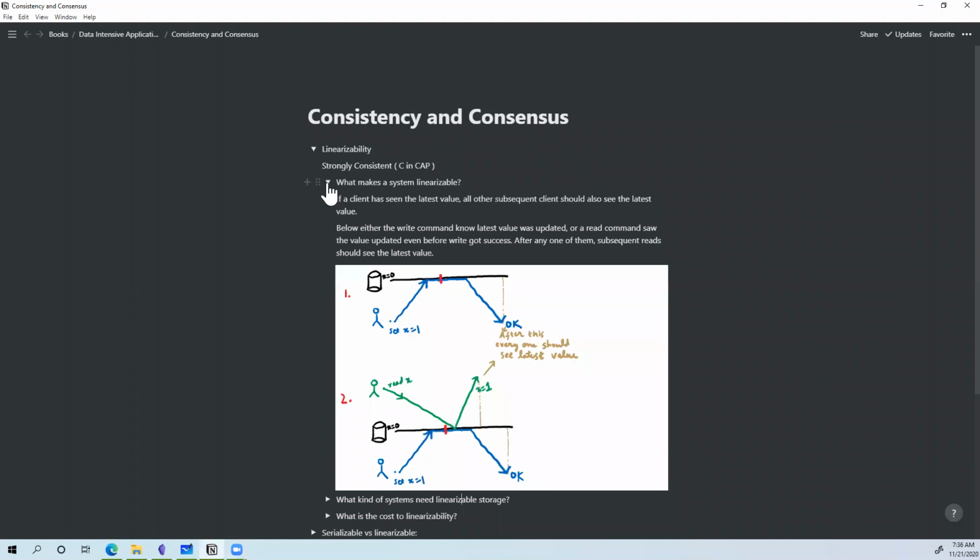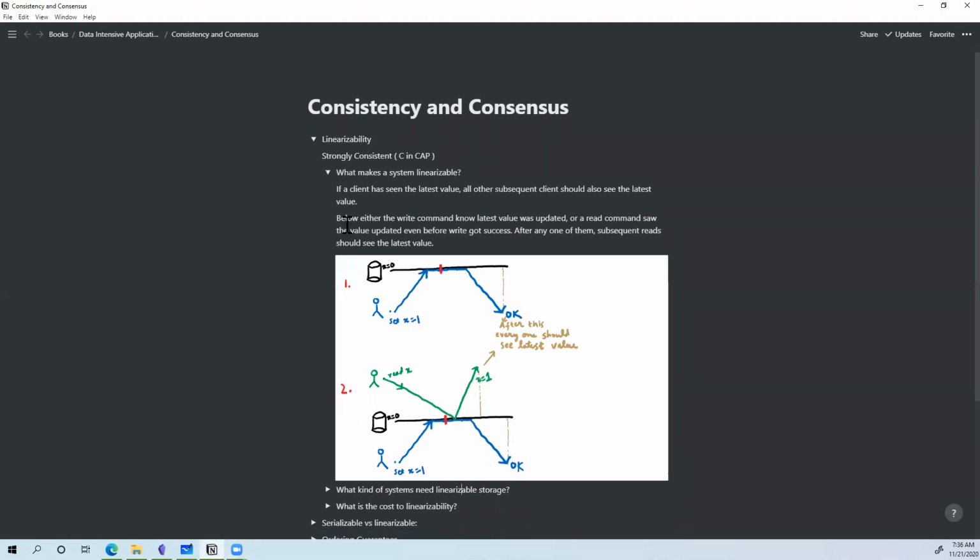A system is linearizable if we have a distributed system which has multiple nodes, and if we write something to that system, when we read, if one of the nodes has seen the latest value, then any subsequent nodes should also see the latest value, right?